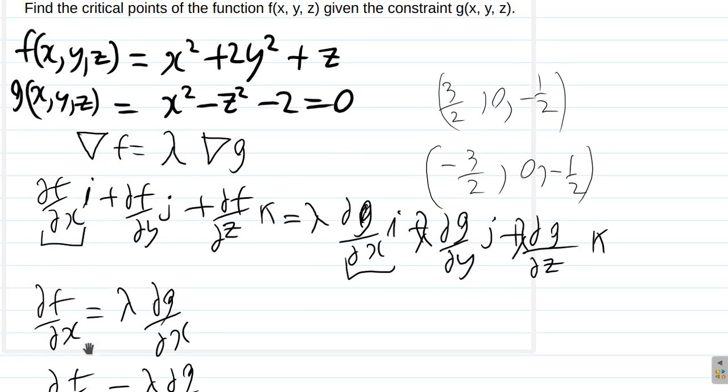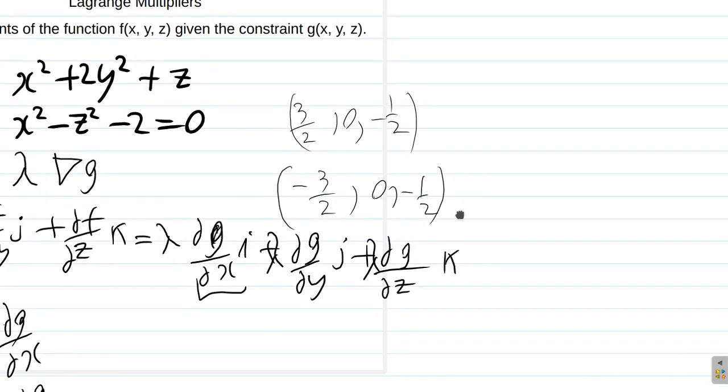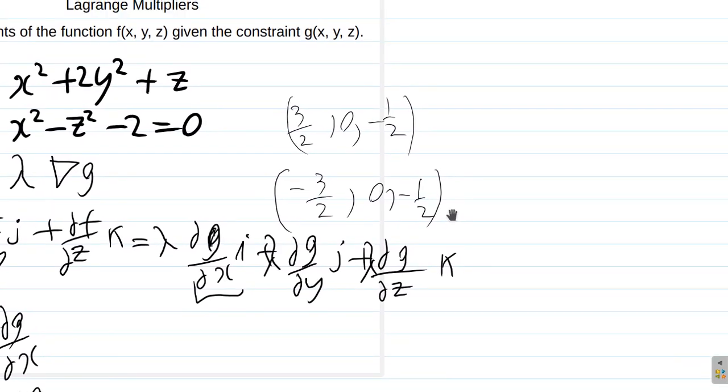We know that the gradient vector of the function is equal to the Lagrange multiplier, lambda, times the gradient vector of the constraint. So let's see how it goes. What's the gradient? It should be the upside down triangle, nabla.